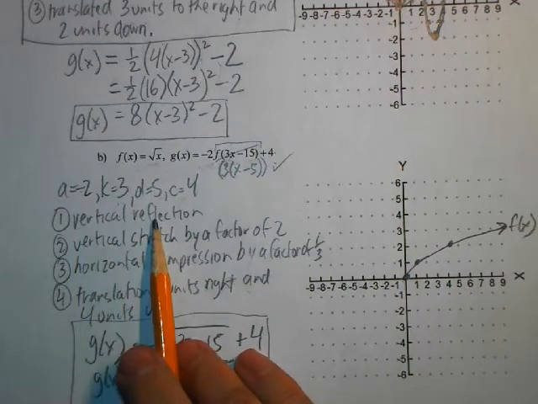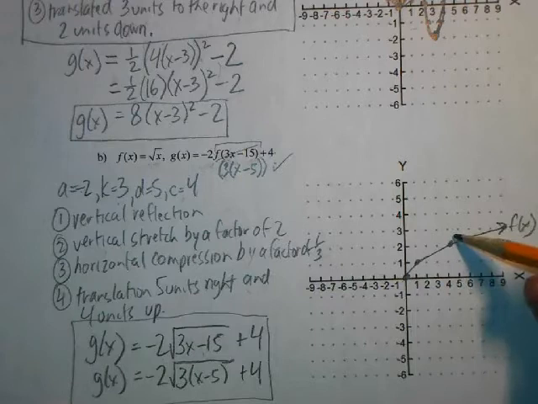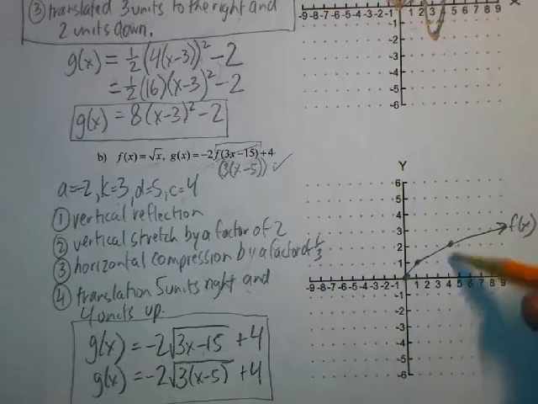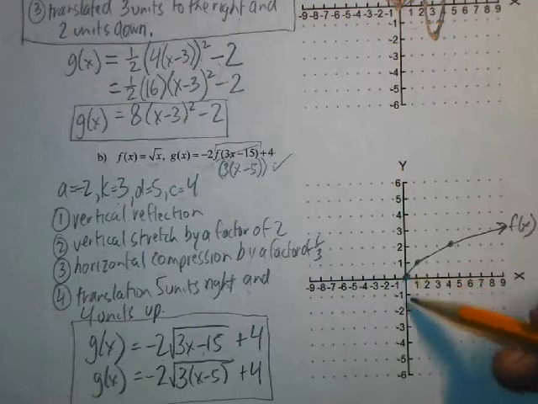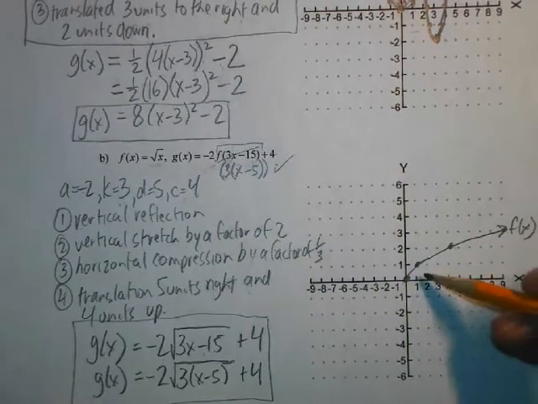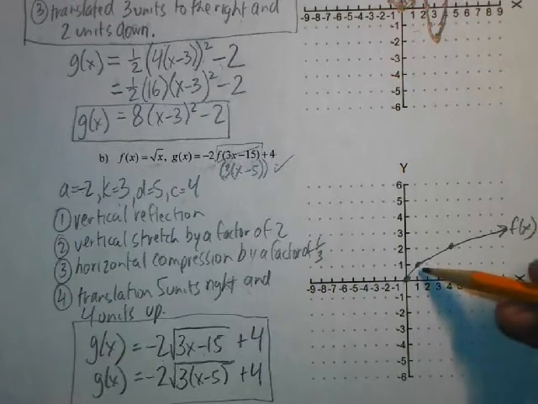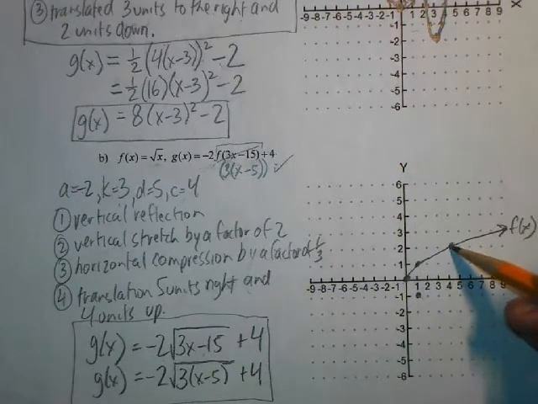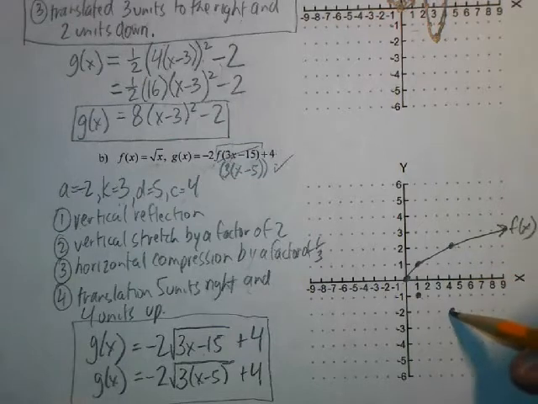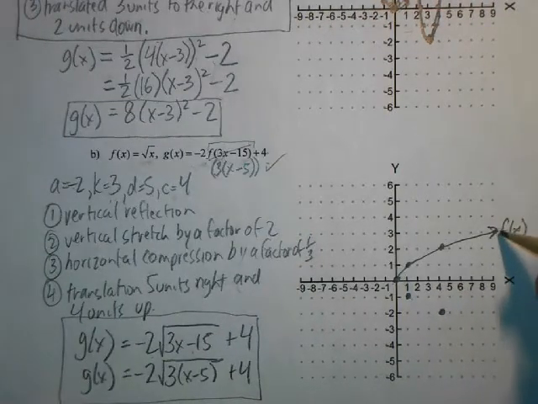First thing we do is a vertical reflection. So what that does is it takes each of these points and reflects them across the x-axis. So we'll start here. 0, 0 is on the x-axis, so it doesn't go anywhere. There's really no impact on a reflection. But this point, the y value changes from 1 to -1. This point changes from 4, 2 to 4, -2. And this point changes from 9, 3 to 9, -3.